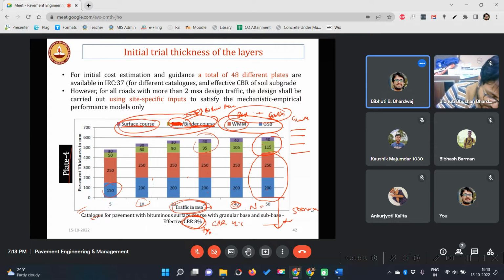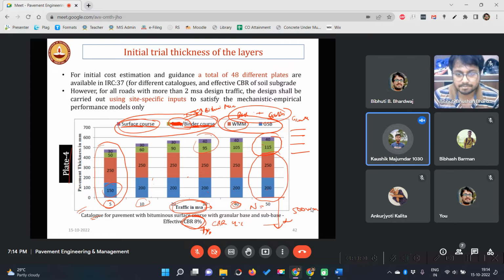For the same traffic, 5 MSA, will the thickness be more or less? More, sir. Why? Since the CBR is less, it means that the strength of the materials is less, so more thickness has to be provided.